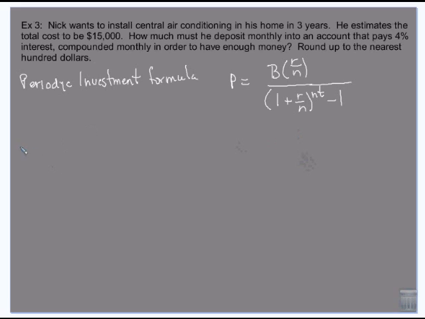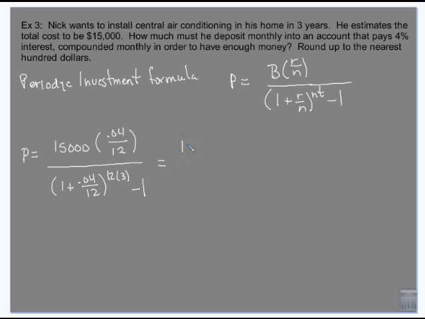So I want to find out how much he needs to put away to have $15,000 at 4% interest, compounding monthly. And we're talking about 3 years, so it's going to be 12 times 3 for this exponent, minus 1.